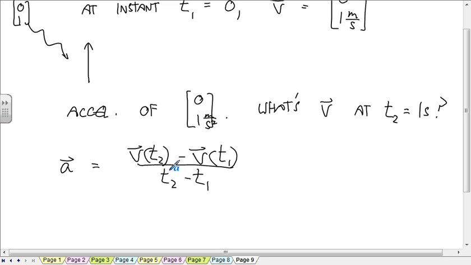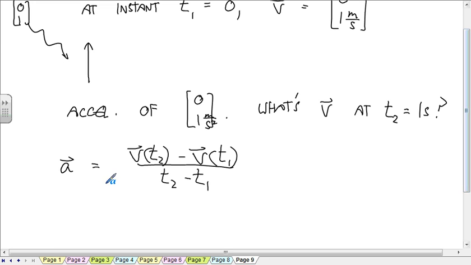Faster, slower, direction change? Faster. So in that sense, the relationship between acceleration and velocity are just like they were in 1D. If you have an acceleration that's in the exact same direction as the velocity, it's going to speed up. And we'll see that if you have an acceleration in the opposite direction exactly, it's going to slow down.